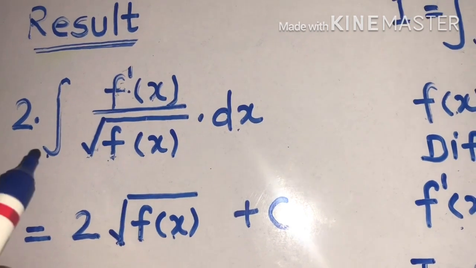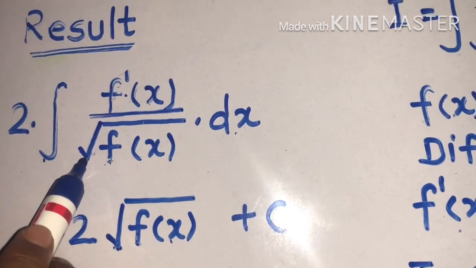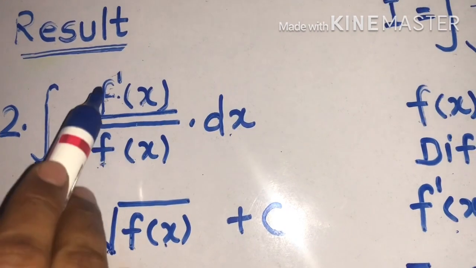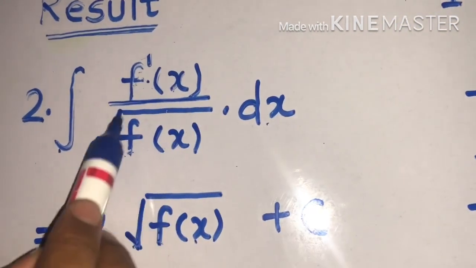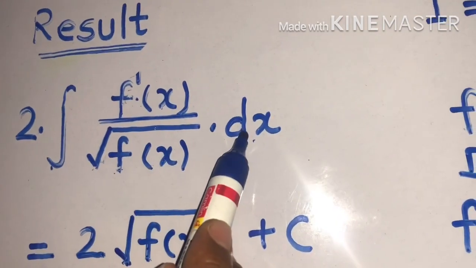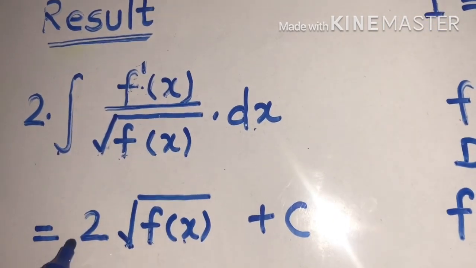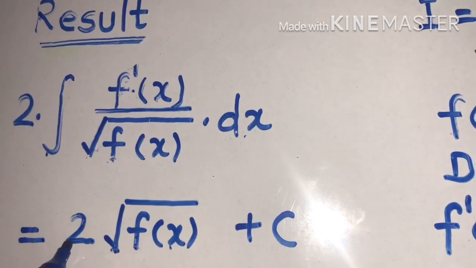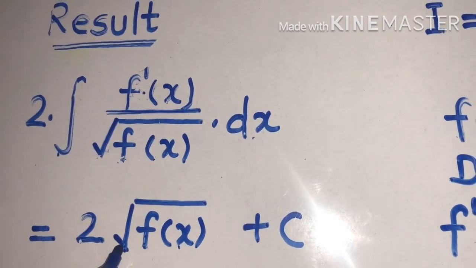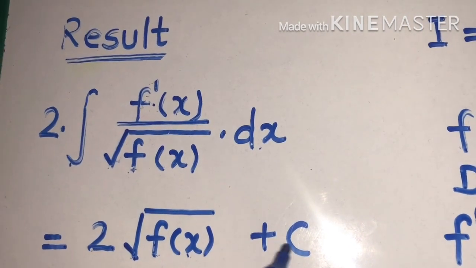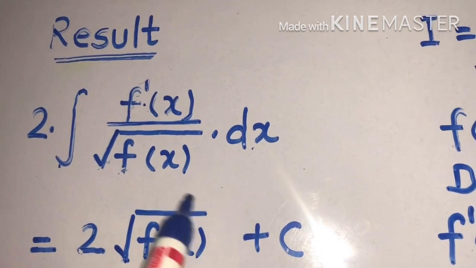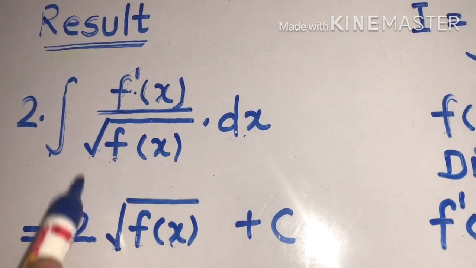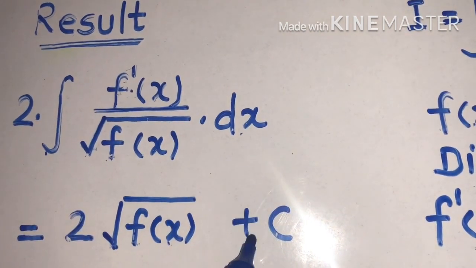Once again I'll say, in the denominator we have root of some function, and in the numerator you have a derivative of this function, and we have to integrate. Then the answer of this is 2 times root of f of x plus c, or you can say 2 times the denominator, which is root f of x, plus c.